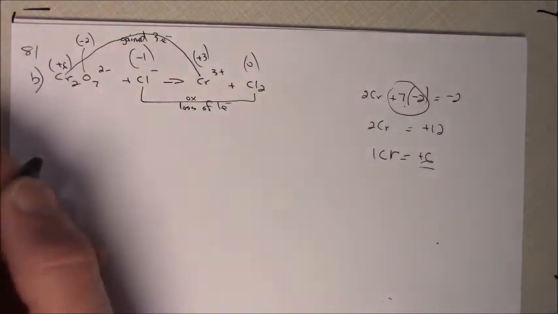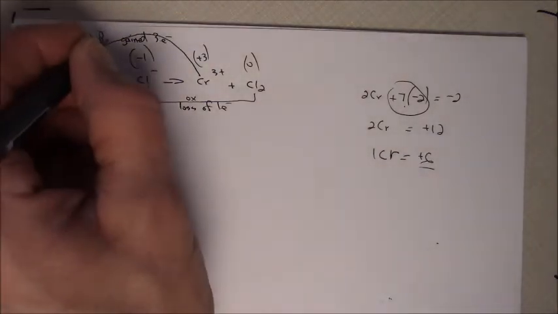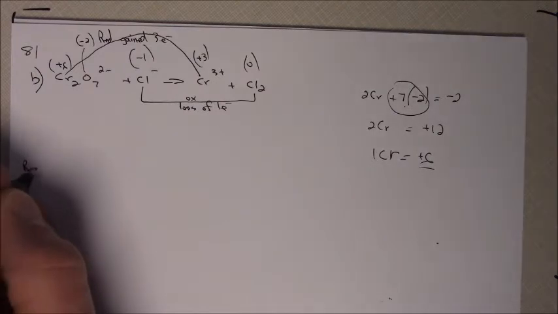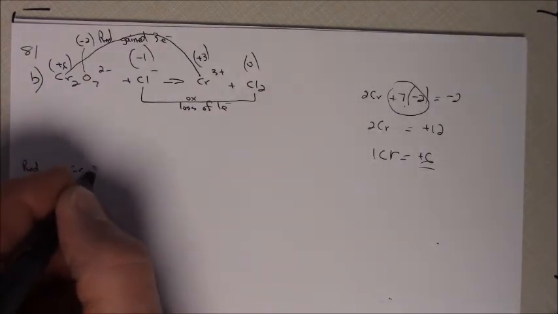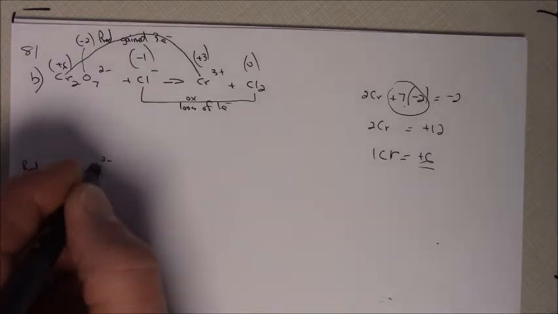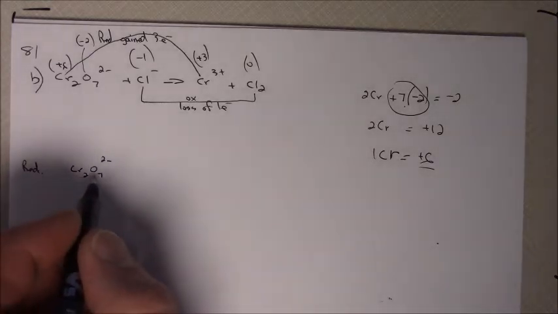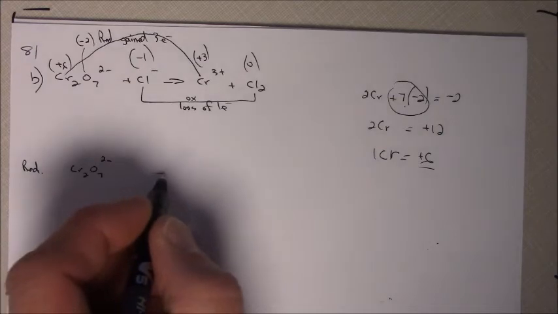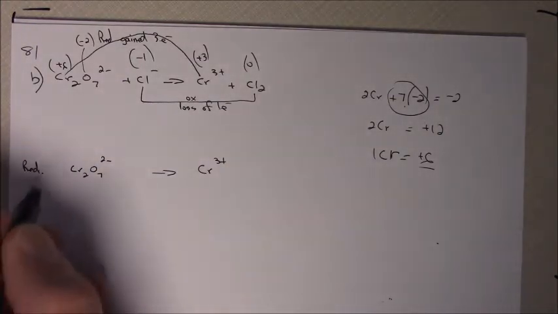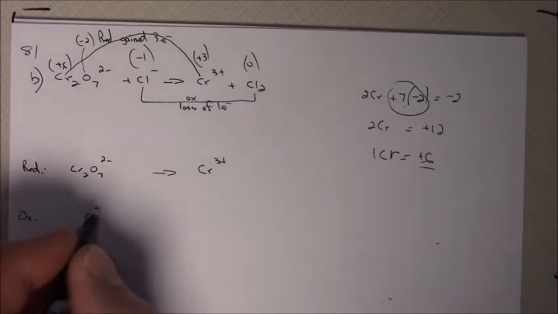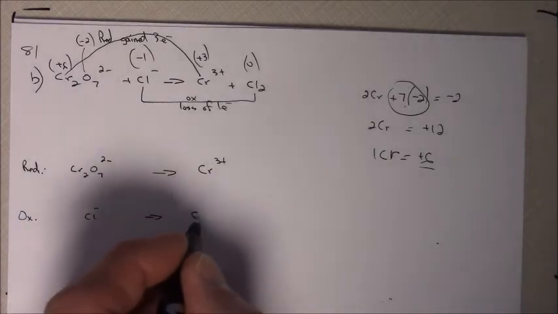So this would be reduction. For instance, the half reaction of reduction, you start out by saying you've got Cr2O7 2-, and that ends up as chromium 3 plus, and as far as oxidation, Cl minus heads to Cl2.